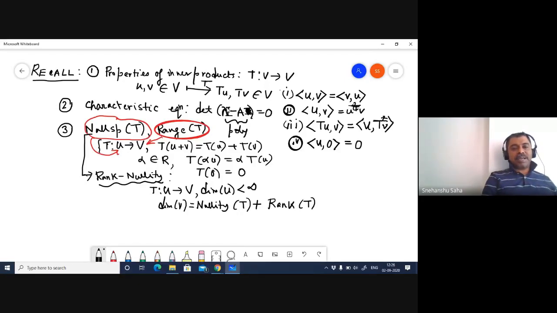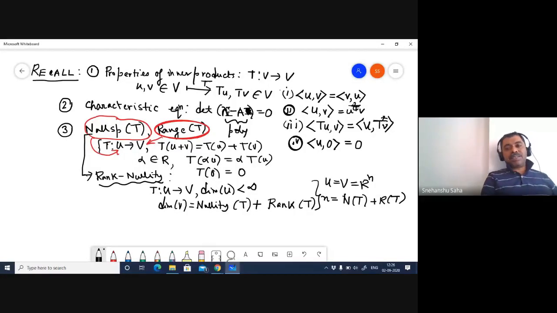Rank is nothing but the dimension of the range of T. You would also recall that if your vector spaces U and V are identical and both are Rn, then the dimension of V is nothing but n, and this is the nullity of T plus the rank of T.